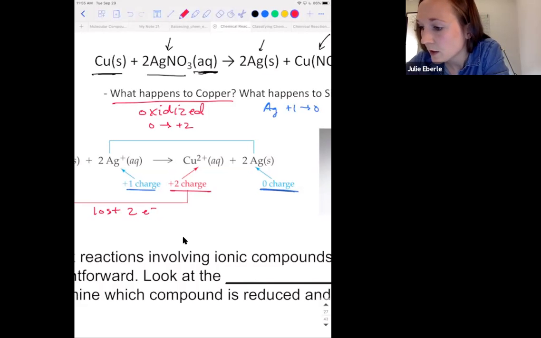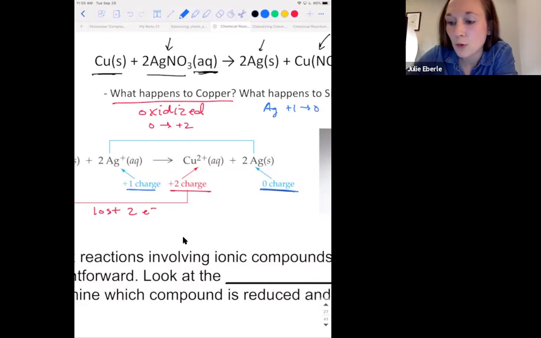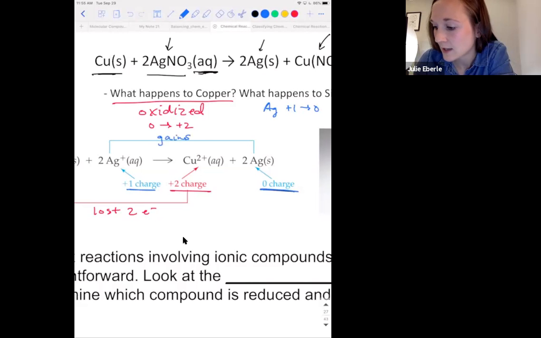Sometimes it helps if you write those things out like this. So did silver gain or lose electrons? Brennan said it gains. Okay, so we'll say it gains electrons. Now there are 2 silver cations, and on both sides we're balanced, and each one gains 1 electron.